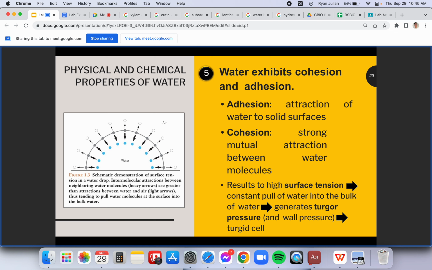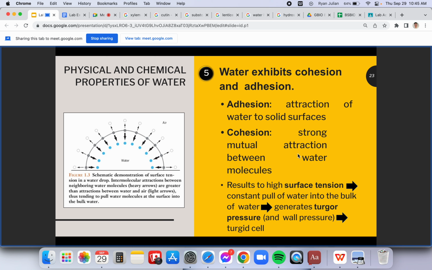On how water travels from the root to the solid surface of a tree, which is a trunk or a stem. The latter, which is cohesion, is the strong mutual attraction between water molecules. So we have been talking about attraction in the form of hydrogen bonding.